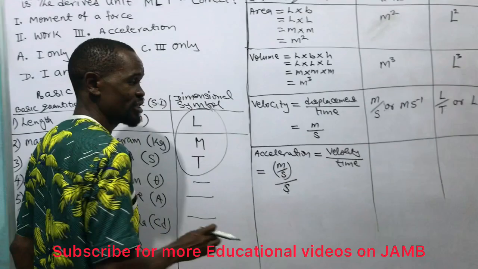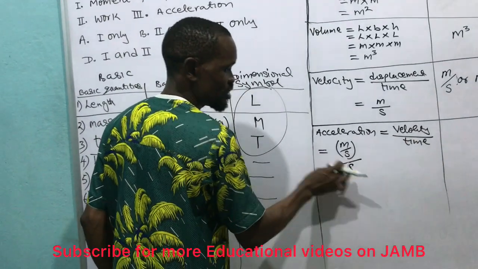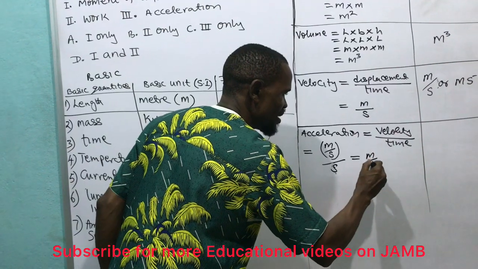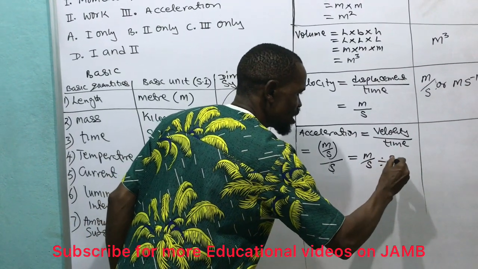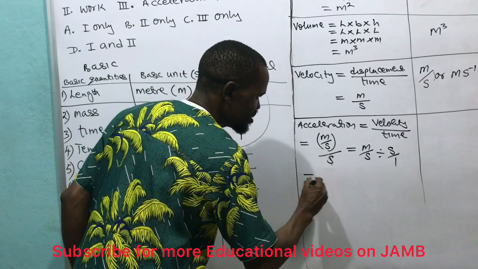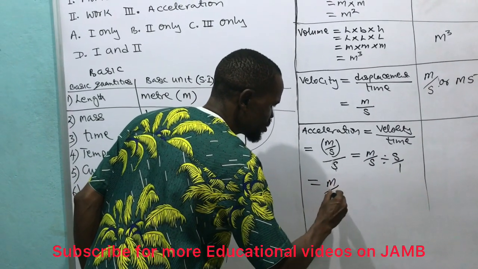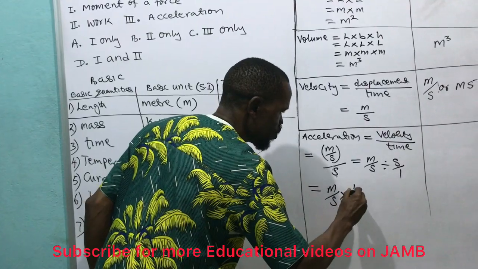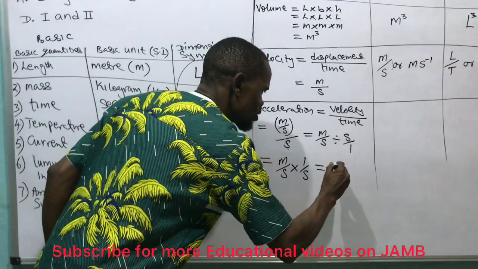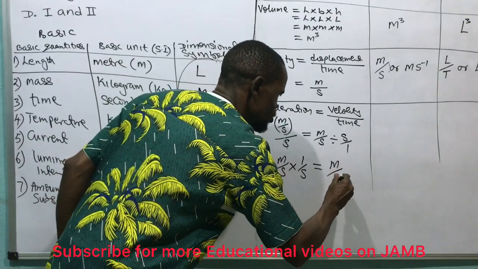The unit of velocity is meter per second, divided by the unit of time, which is second. That is meter per second divided by second, which can be written as meter per second times 1 over second, and this gives meter per second squared.